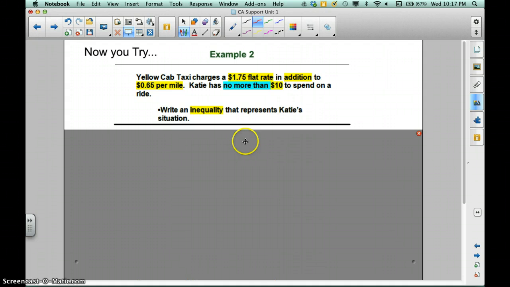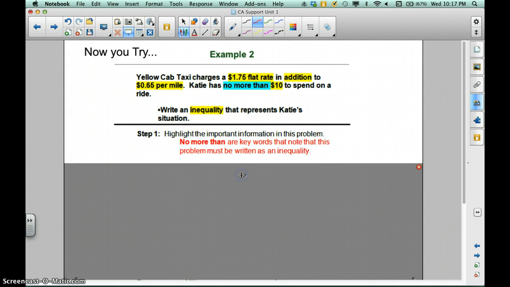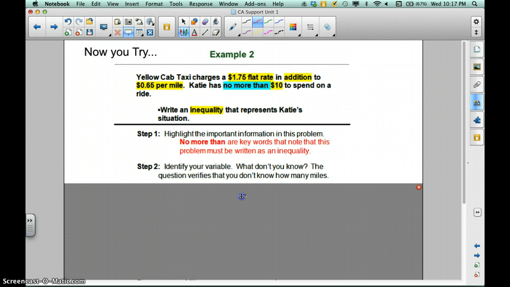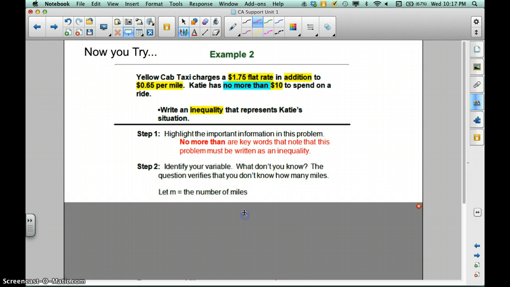Okay, so what you're going to do is highlight everything, which is done here for you. That got you started. And the next step is to identify the variable. Look and see what you don't know. What you don't know is how many miles she went. And so that's going to be M, the number of miles.